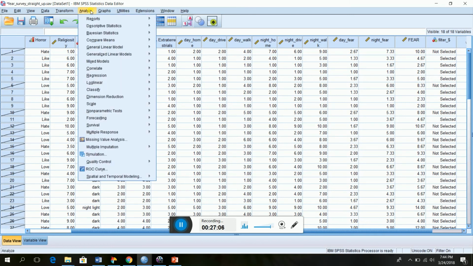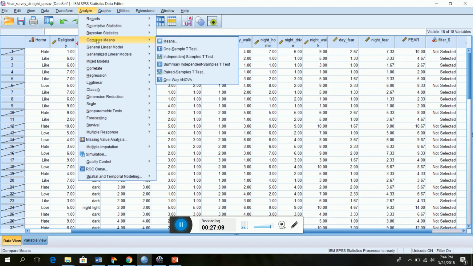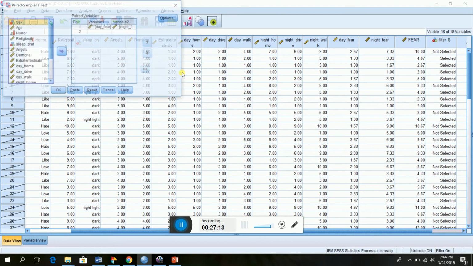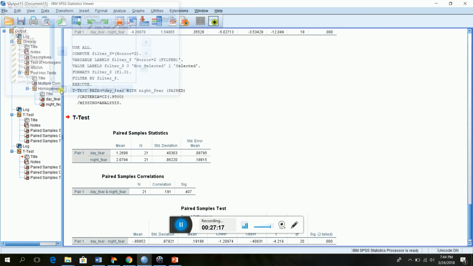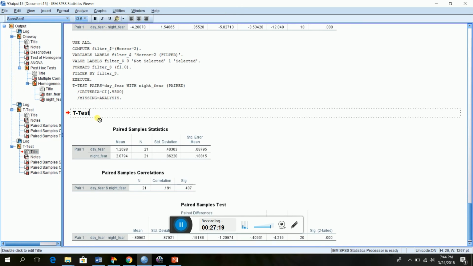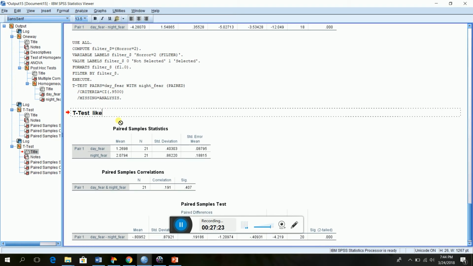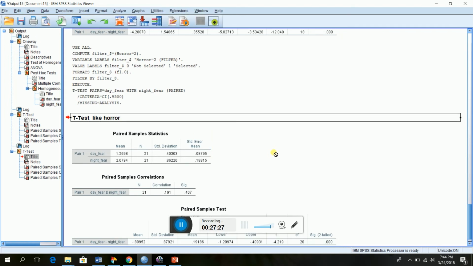We go to Analyze, Compare Means, Paired Samples, and it's already set up, so we just have to hit OK. I'm going to label this, double click here. These are the people who like horror. And let's see what we've learned. It is also significant.